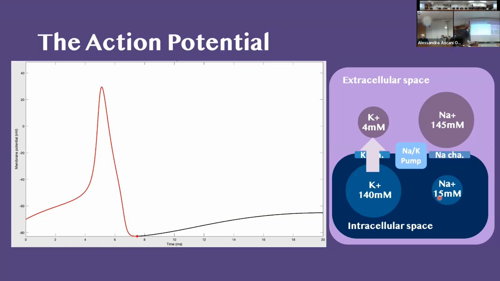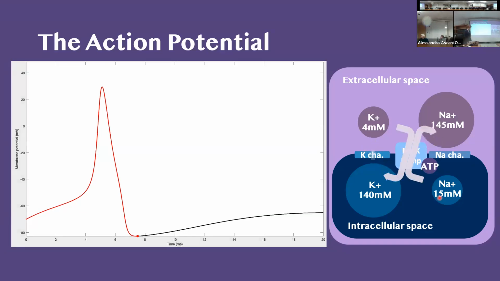Finally, now that we have our concentration kind of flipped, so we have many more potassium ions outside, the potassium channel just closed, and we have a lot of sodium ions inside of the cells. What's going to happen is that we need to repolarize the membrane, and that is done thanks to the sodium-potassium pumps, which are activated by ATP, which is the product of the metabolic activity of the cell, thanks to oxygen, essentially.